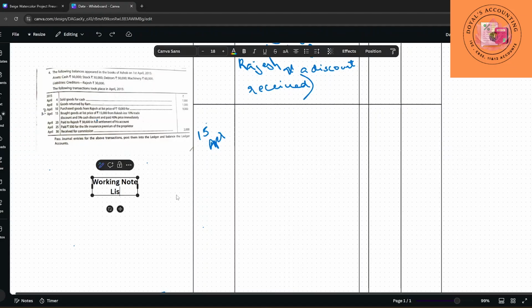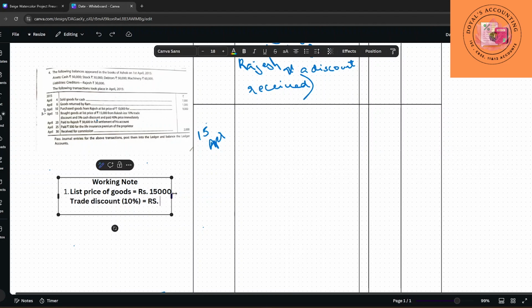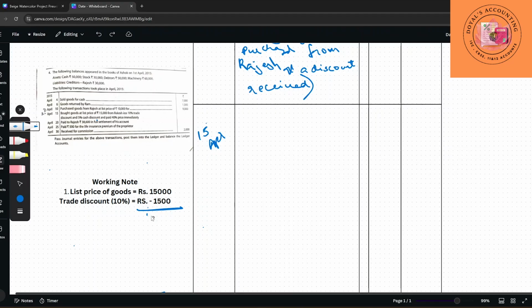Now, list price of goods is rupees 15,000. Next, we have received a trade discount of 10%, so that will be equal to minus 1,500. So that gives us 13,500.